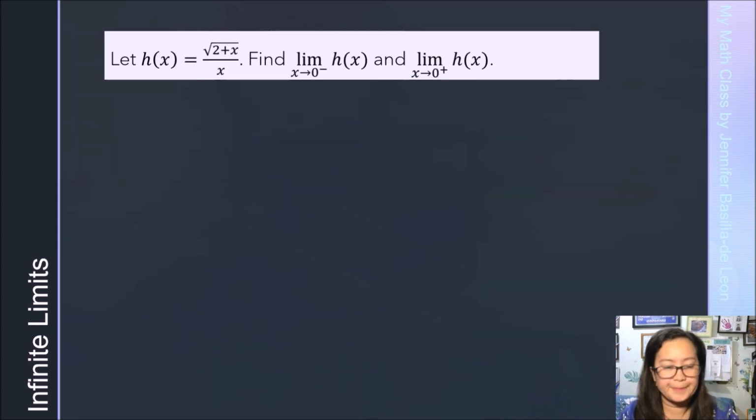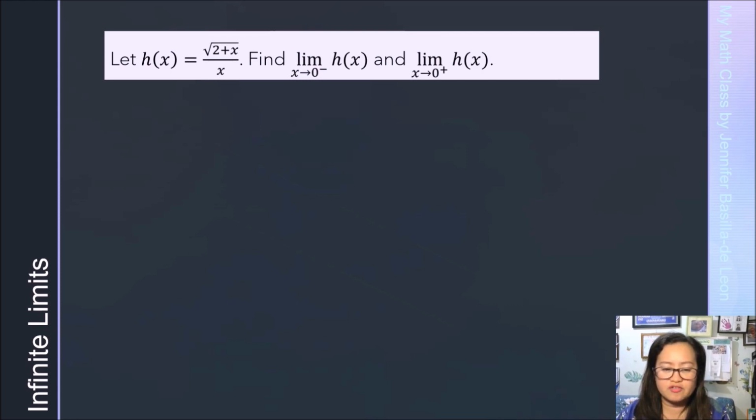Now let's consider the given example. Let h of x be equal to the square root of 2 plus x, over x. Find the limit of h of x as x approaches 0 from the left and the limit of h of x as x approaches 0 from the right. We have to choose among the 4 conditions presented a while ago.